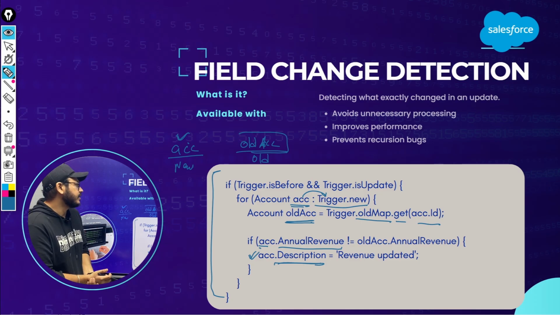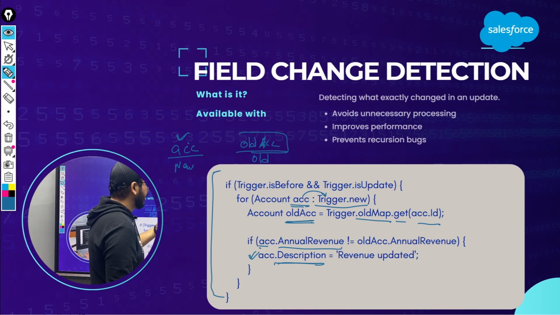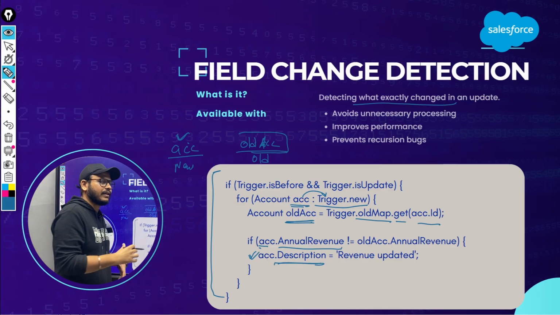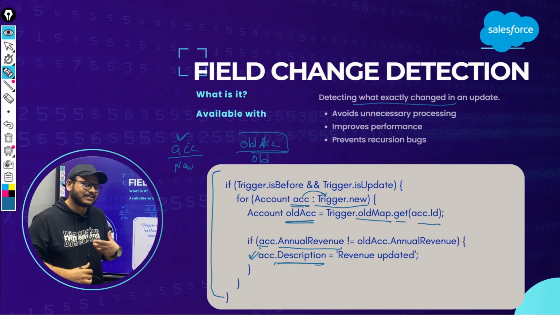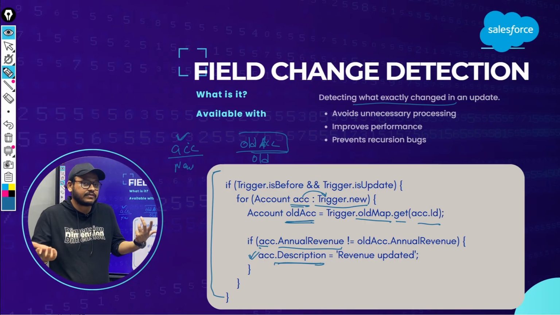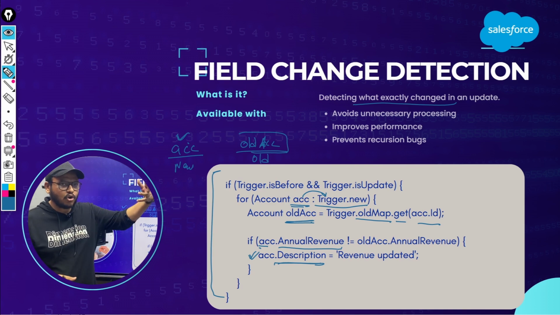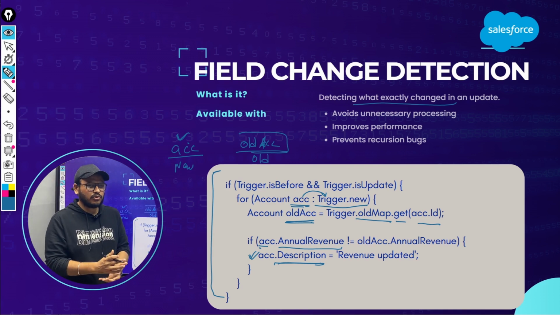This field change detection is required anytime you want to check exactly what has changed. It can also be used for preventing unnecessary execution of the entire trigger if nothing has changed. Sometimes there will be an update but nothing has actually changed, and you have a long trigger logic, so you do not want to execute everything.